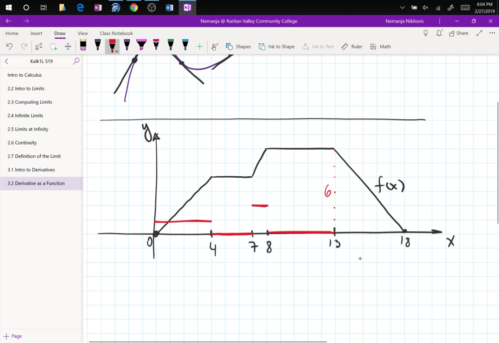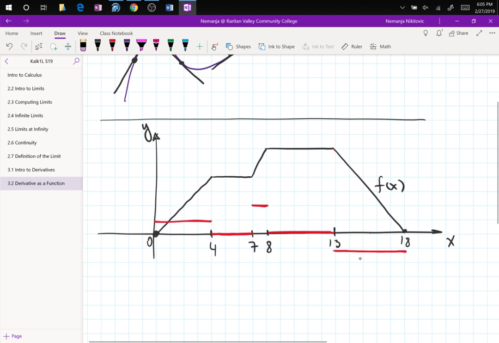So height is 6, and this is 18 and 13, 5. Negative 6/5, yes, negative 6/5 because the function is decreasing.